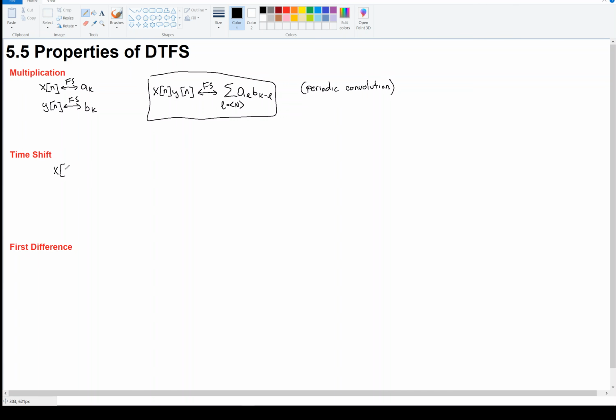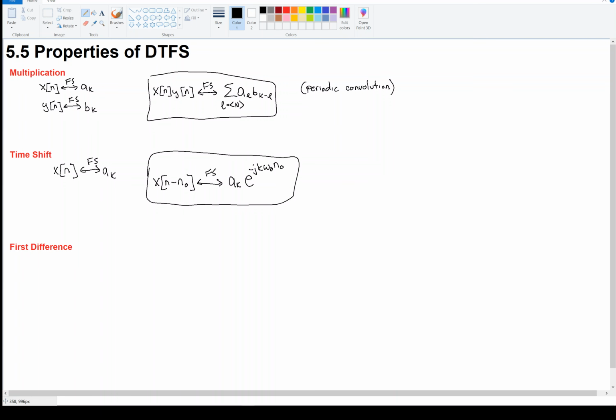This says that if x[n] is periodic with period N and has Fourier series coefficients a_k, then x[n - n0], where n0 is a constant, has Fourier series coefficients a_k, the original ones, times e^(-jk omega_0 n0), where omega_0 is the usual 2 pi over N. Remember, we saw this for continuous time. e^(-jk omega_0 n0) has a magnitude of 1, so this time shift is not changing the magnitude of the Fourier series coefficients, it's just changing their phase, which is what we expect when we shift a signal in time. So that's the time shift property.